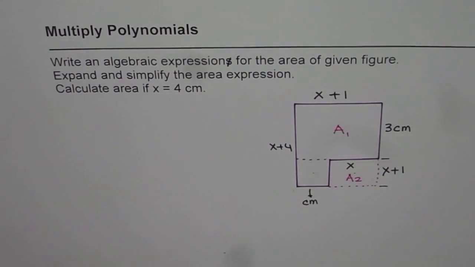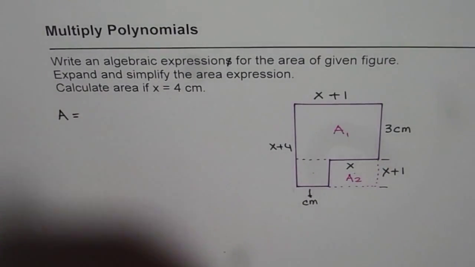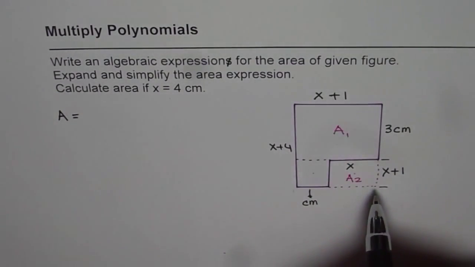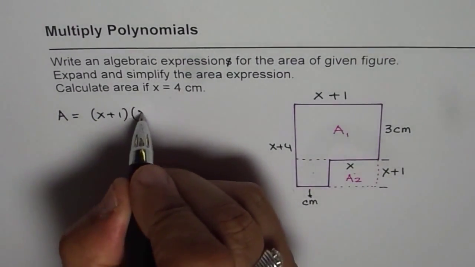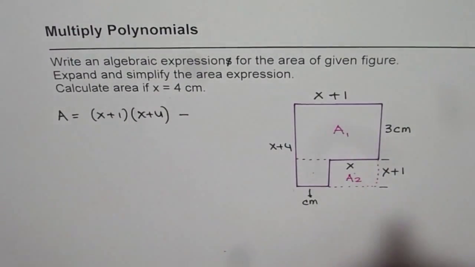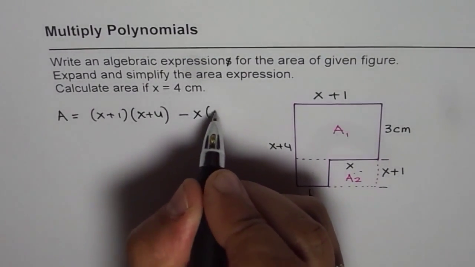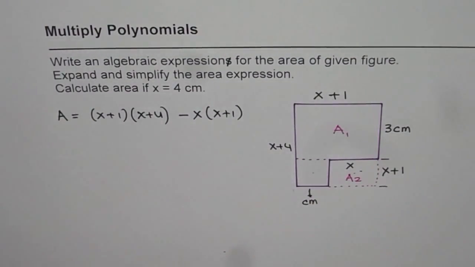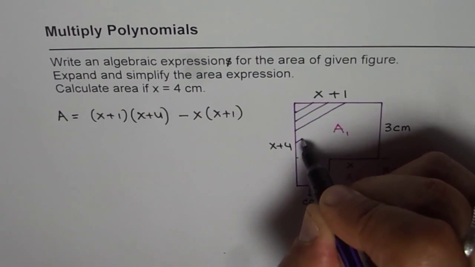So the area of the enclosed surface is equal to the total area of the whole rectangle, which is x plus 1 times x plus 4, take away the area of this rectangle, which is x times x plus 1. That gives the area of the enclosed surface. Let me just shade this up. So we are talking about this area.